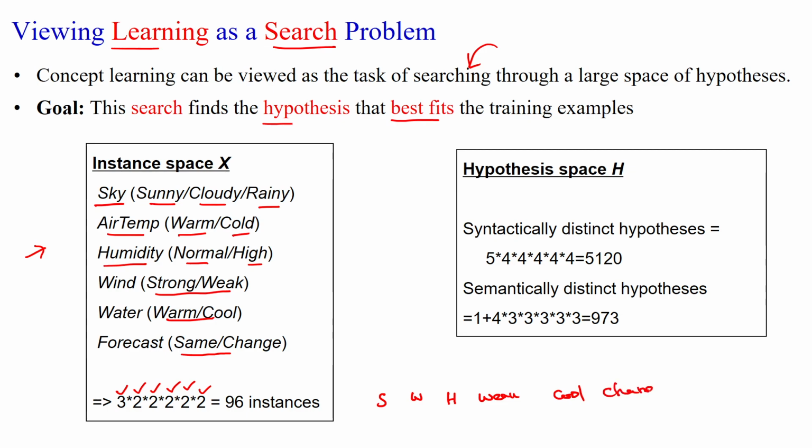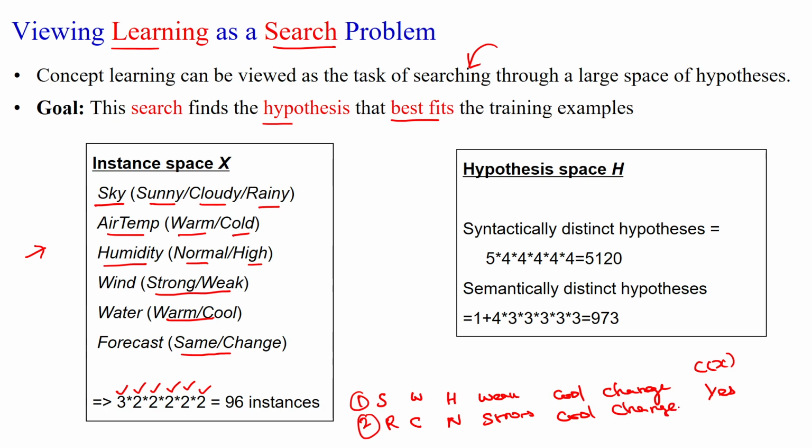So this is one of the combinations for creating the target concept of this training sample. Suppose it may be a yes. Like that we can create one more training sample too. This may be rainy, and this will be cool, and humidity will be normal, and wind will be strong, and water will be cool, and the forecast will be change.